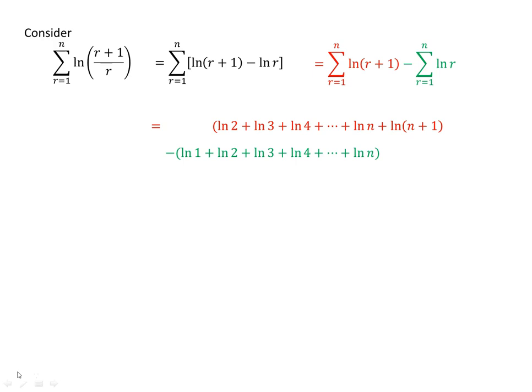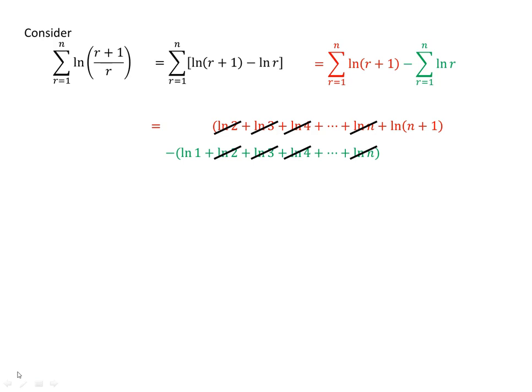So looking at what we've got, we can see we've got a logarithm of 2 in the first summation cancelling with logarithm of 2 in the second summation. Similarly, we've got logarithm 3 in the first cancelling with logarithm 3 in the second. We've got logarithm 4 in the first cancelling with the logarithm of 4 in the second. We've got logarithm of n in the first cancelling with logarithm of n in the last.